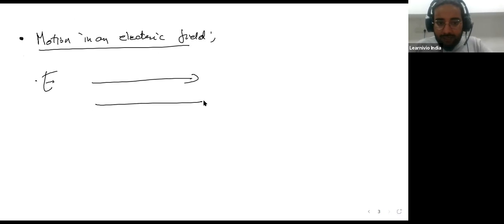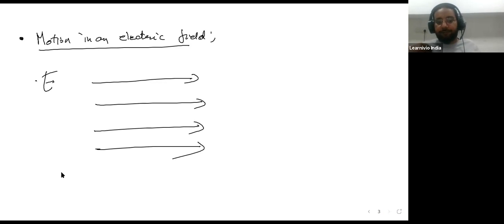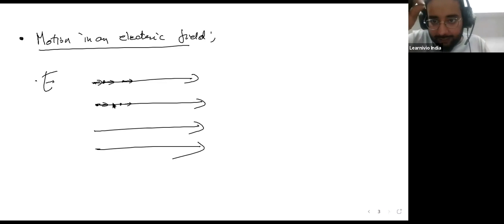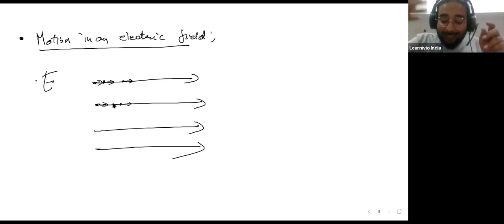So let's say you have an electric field which looks like this, which is essentially a vector at every single point in space pointing in this direction, right? That is what I mean by this big line. Every single point has a value associated with it. So it has a direction and it has a magnitude.